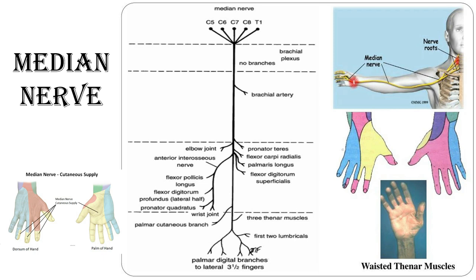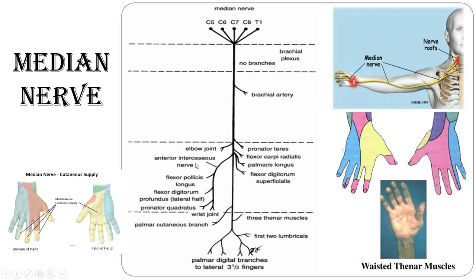Median nerve is constituted of T1, C8, C7, C6, C5 nerve roots. Then there will be no branch in the brachial plexus, only a twig to the brachial artery, and there is no branch in the arm. When it crosses the elbow joint, then it gives branches to the pronator teres, flexor carpi radialis, palmaris longus, flexor digitorum superficialis, and also a twig to the elbow joint.